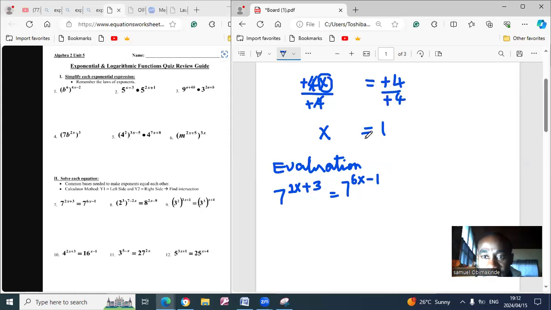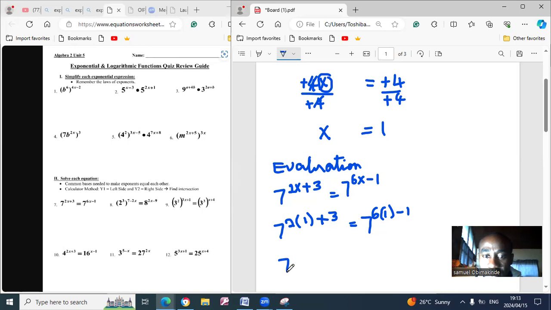Let's substitute x equals 1 and see if we have the same thing on both sides of the equation. So this will be 7, then 2 times 1, plus 3, equals 7 exponent 6 times 1, minus 1.